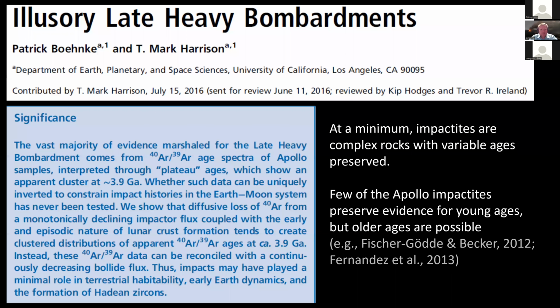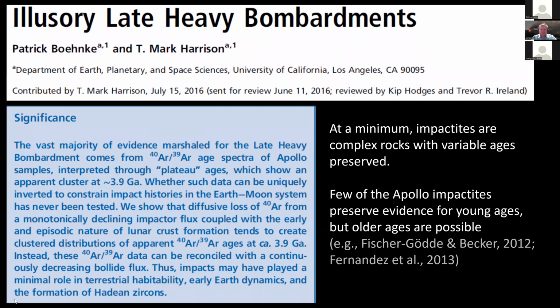This paper by Boehnke and Harrison, which came out about 5 years ago, makes the point that argon-argon age spectra are seriously affected by the monotonically declining impact flux that occurs on the Moon. The consequence is that you tend to get a lot of ages around 3.9 billion years, as a consequence of the way in which these argon-argon ages are preserved in impact-type rocks.